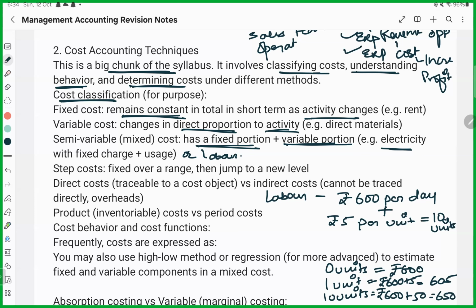So in this example, we understood that whether the company is manufacturing or not manufacturing anything, the company has to pay 600 irrespective of production. So the 600 becomes my fixed cost and the 5 rupees per unit becomes the variable cost. When there is a combination of these two costs in one particular production, it turns out to be a semi-variable cost.